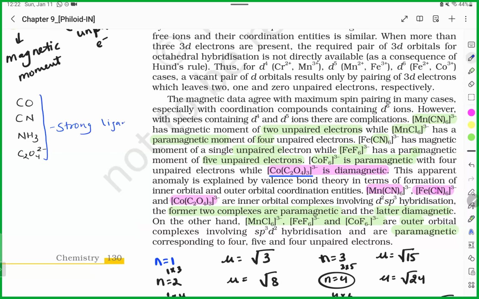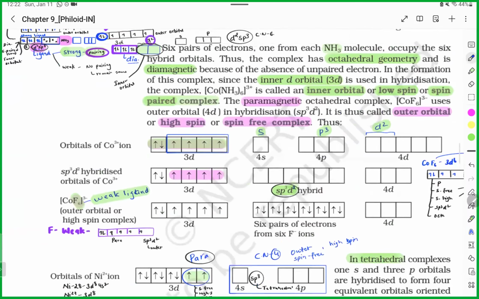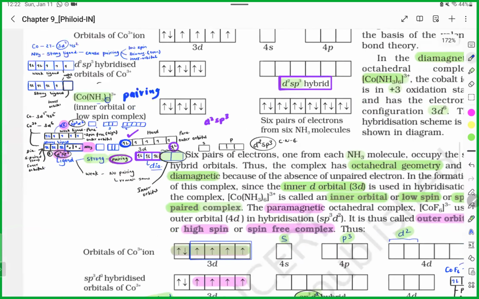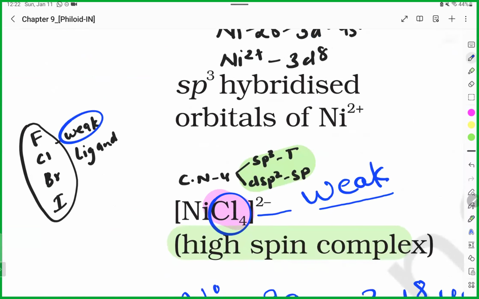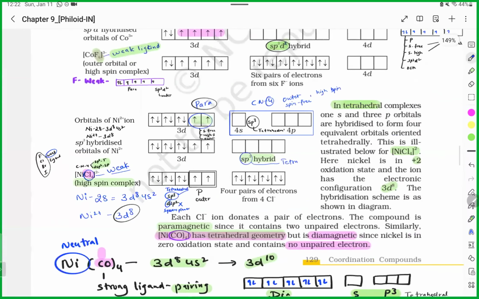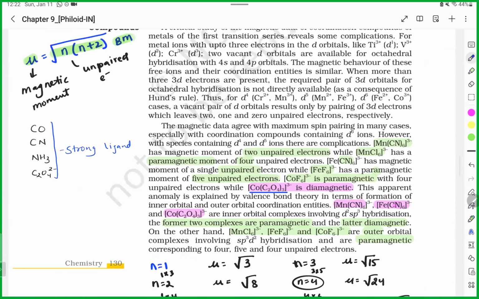But if you take halogen, I told you in the last topic, I wrote here somewhere. If you take any halogen, fluorine, chlorine, bromine, iodine, then it is a weak ligand. Now, if you understand this concept, look at this. Strong ligand will cause pairing and mostly diamagnetic.